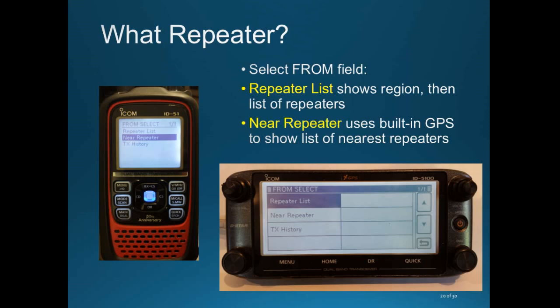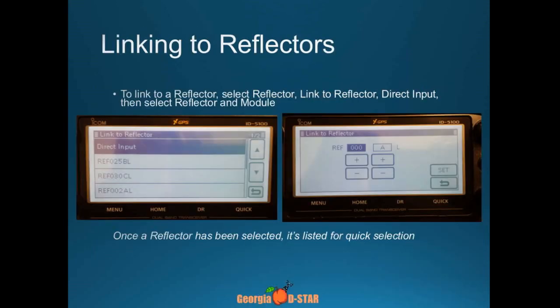Another way is to select repeater list. Once you select repeater list, and again, you're in the FROM, to start. Select repeater list, and by default, it'll probably give you different areas of the country, like USA, Midwest, Northeast, Southeast, etc. Those are almost like banks that are programmed in.